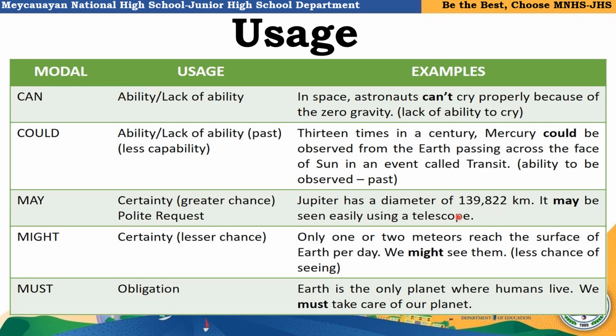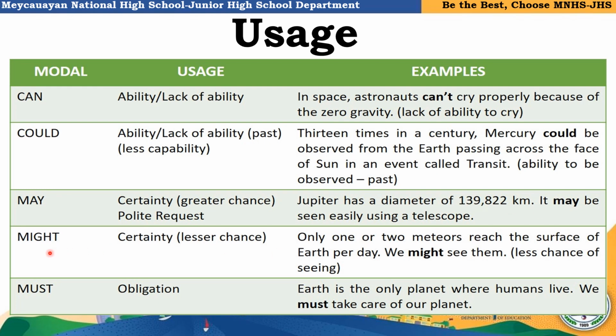It may be seen easily using a telescope. Since Jupiter is the largest planet, there is a greater chance to see it using telescope. That is why we use modal may.